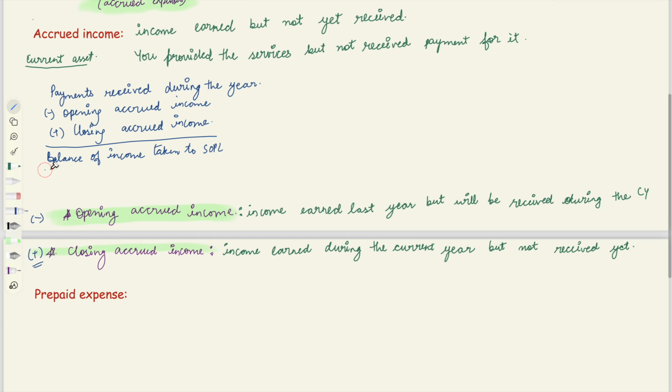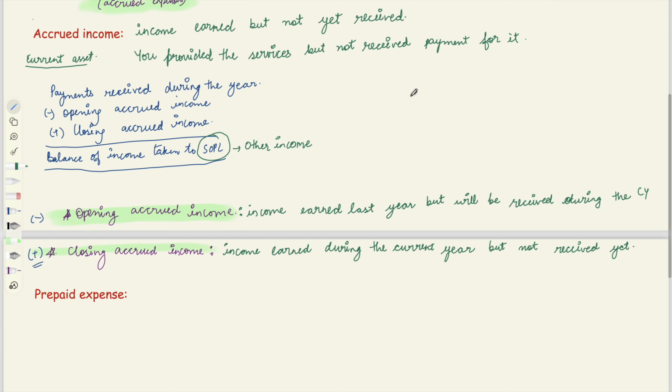This is usually for interest received, majorly interest received, commission received. Okay, and it will be a part of your other income in statement of profit or loss. What other income? Which is added after gross profit.